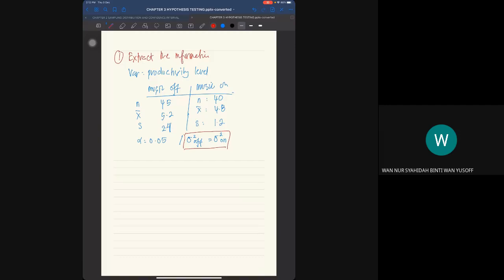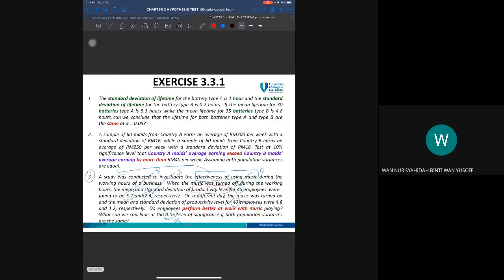So the first step is to formulate the hypothesis. The hypothesis comes from the purpose of this question. The purpose is to conclude whether the employees perform better or not at work with the music playing. We need to discuss whether that statement is true or not.